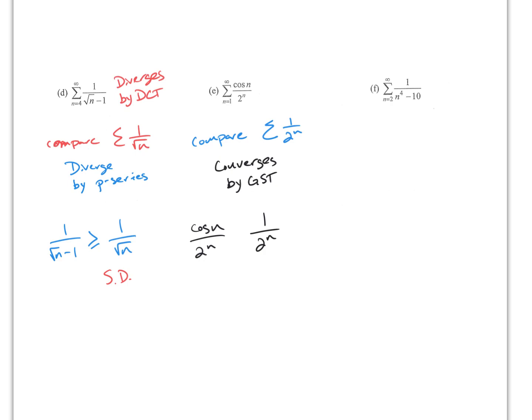The 1/2 to the n, because the cosine could also be negative. Is everybody following me? My bigger one converges. So we're still good, aren't we, Cole? Yeah. What do we know about our original series? That converges. Why? By DCT.